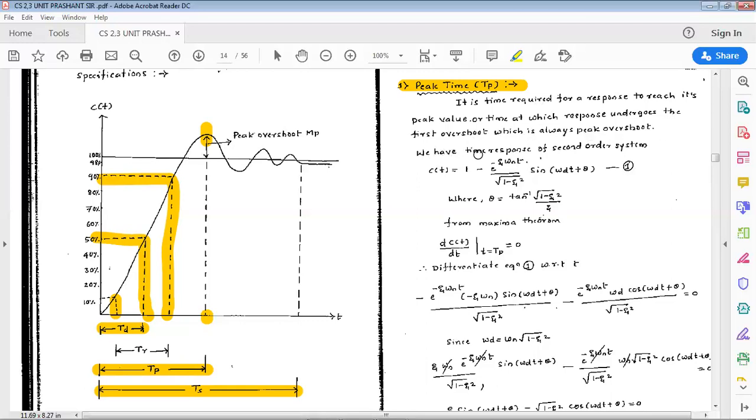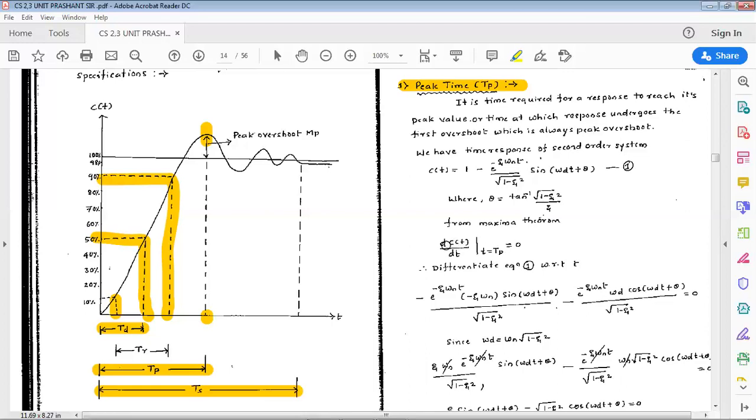We have the time response of a second order system, that is, C of t equal to 1 minus e raised to minus zeta omega n t by under root 1 minus zeta square, sine of omega d t plus theta. We call this equation 1, where theta is tan inverse of under root 1 minus zeta square by zeta.